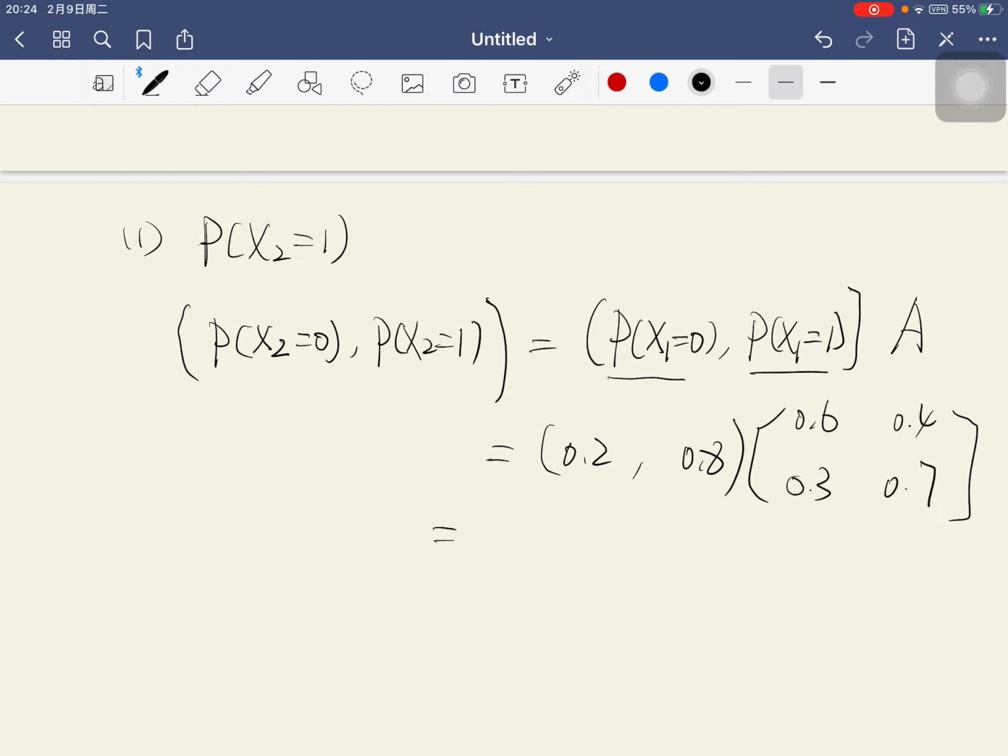So the result is 0.36 and 0.64. So the probability of x2 equals 1 is 0.64.